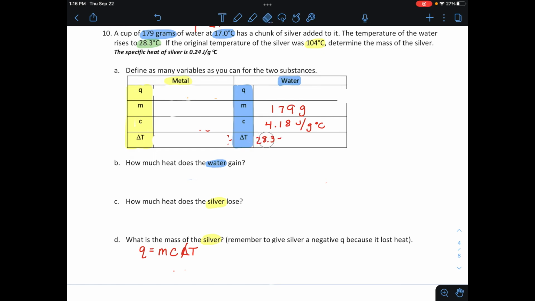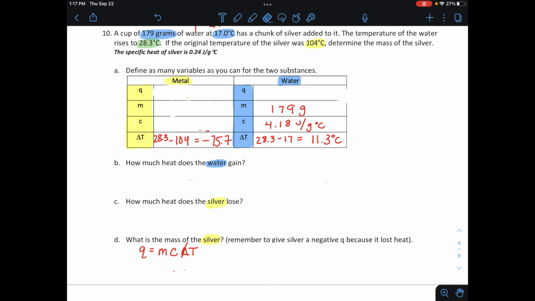Always remember they come to the same final temperature. These two numbers should always be the same. So the water has a change in temperature of 11.3, while the metal has a change in temperature of 75.7, or negative if you're counting the negative numbers.